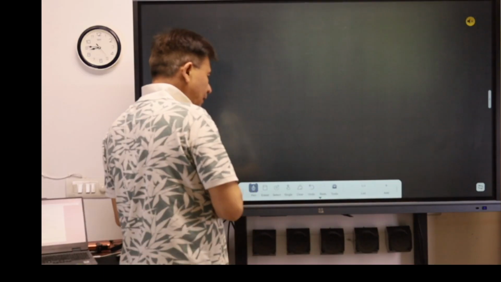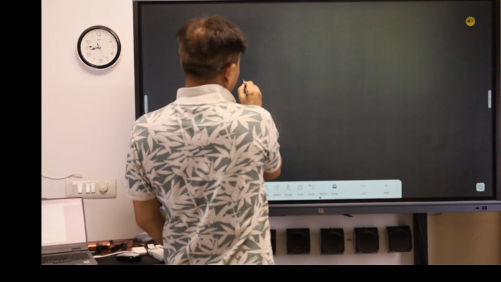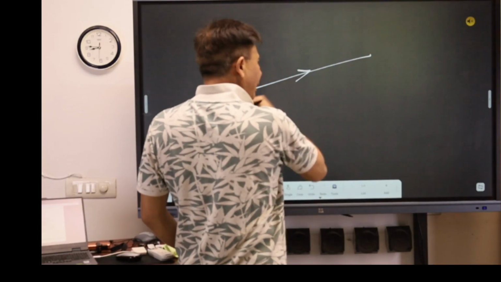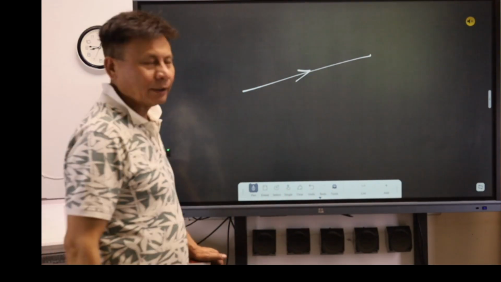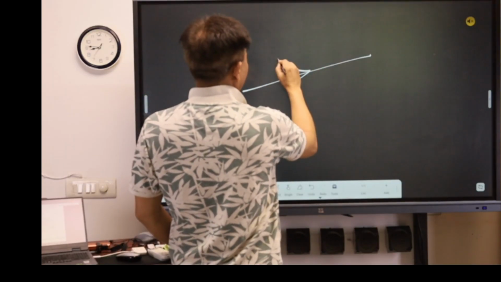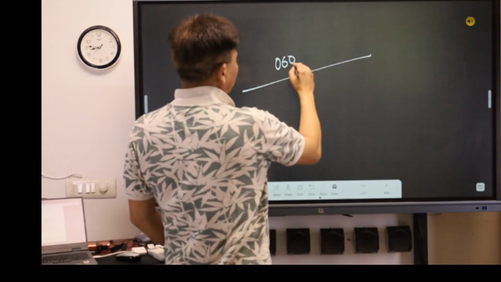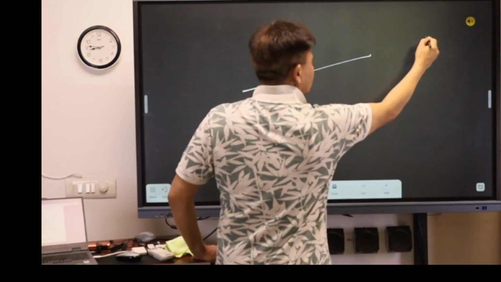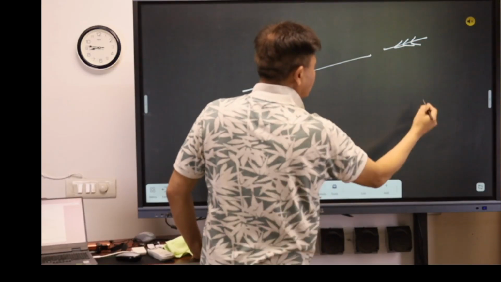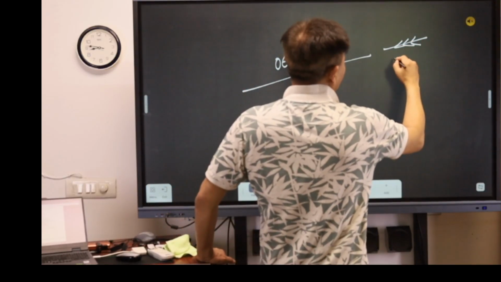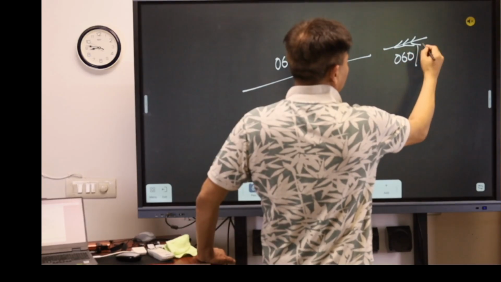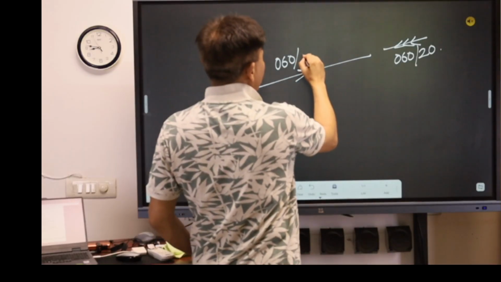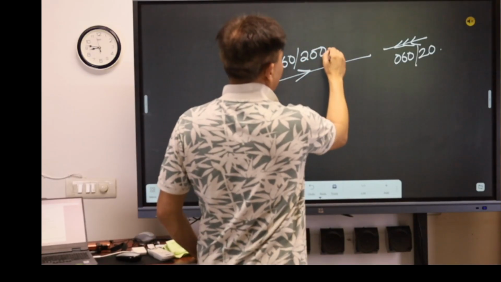In that, if my aircraft is pointing or flying on a heading with a particular speed, let's say this heading is going to be about 060, and the winds are coming from, let's say, directly opposite, from 060, and the velocity is 20 knots, and the TAS is 200 knots.